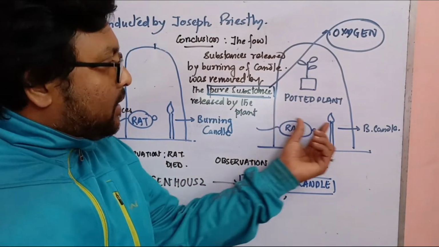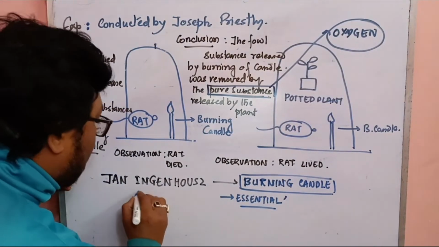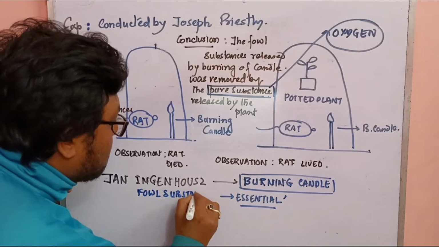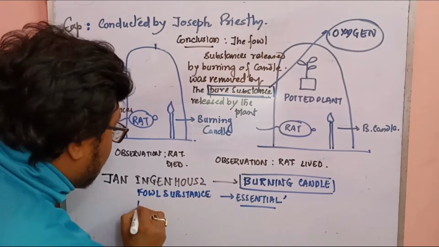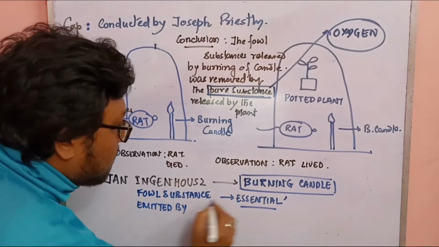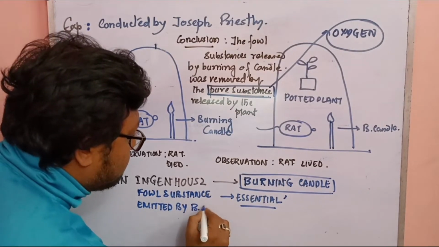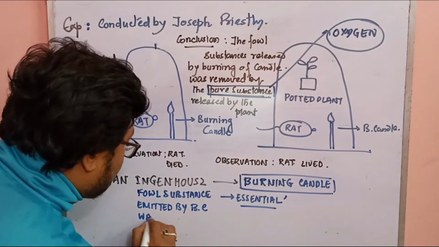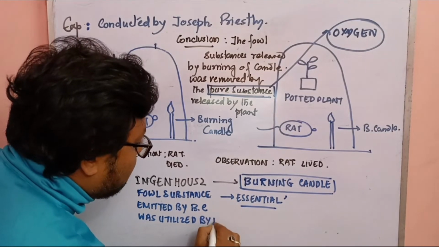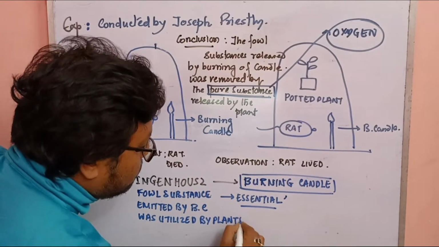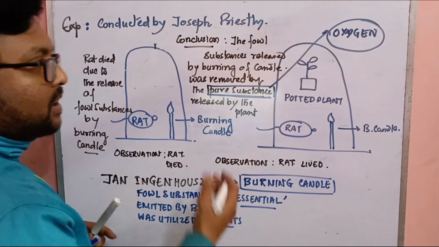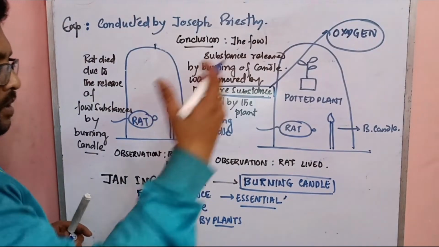Because the foul substance emitted by this burning candle was utilized by plants. So as a result, the plant releases oxygen or this pure substance. Okay.